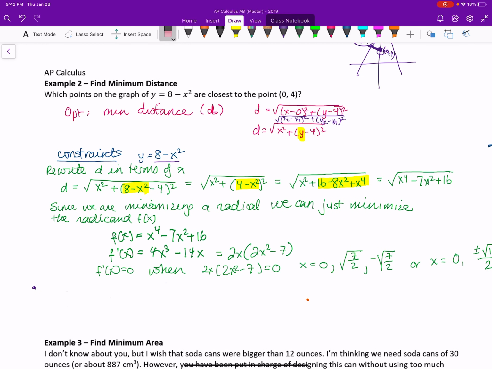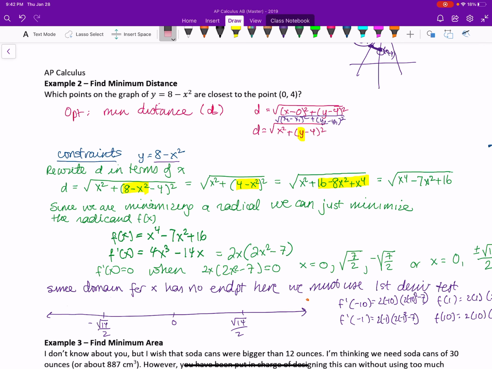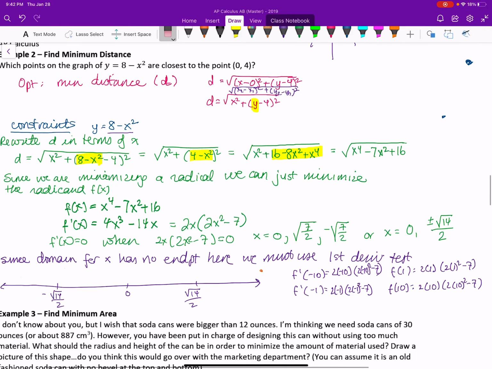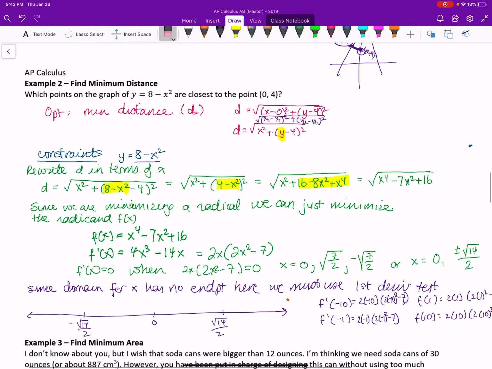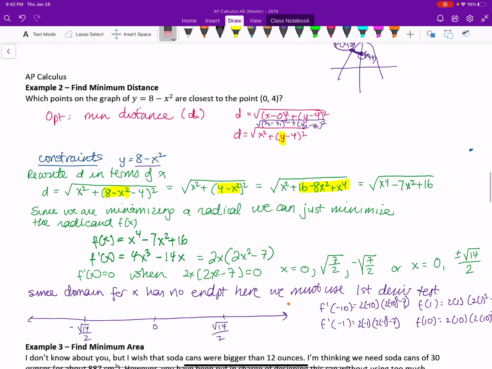And then, okay, based on that, since the domain for x has no endpoints in this case, because it's a parabola, so it will go on for all real numbers, then we must use the first derivative test to make sure that we get a minimum value. So we need to test all of those values.